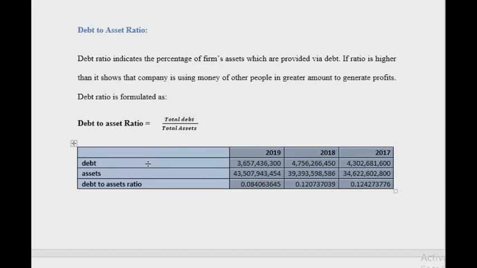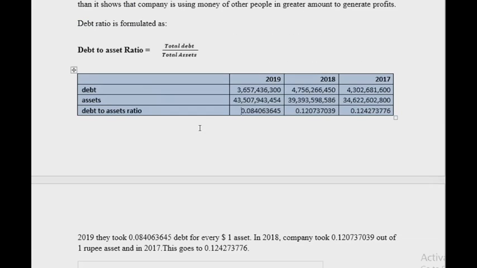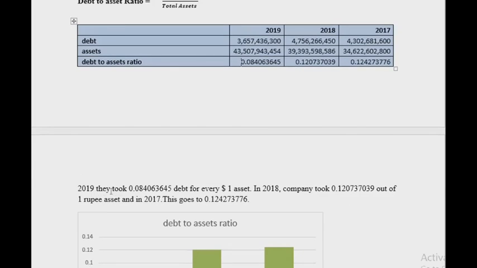Here you can see debt to total assets. So what does it mean? 0.08, 0.12, and 0.12 for 2017. The debt to total assets ratio tells us how much debt has been taken from outsiders or external parties in our total assets. You can see in 2019 they took $0.08 of debt for every $1 of total assets.